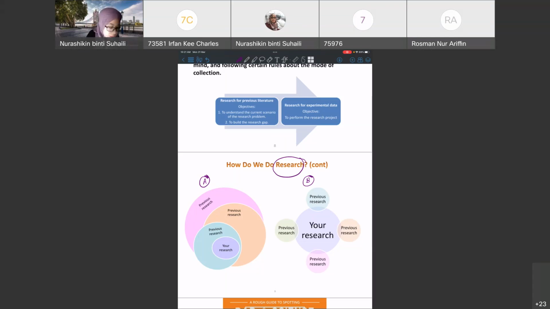Okay, so when you do research, it's because you want to answer certain questions. Remember the definition of research just now. We want to answer certain questions that are not yet answered by researchers in the past.